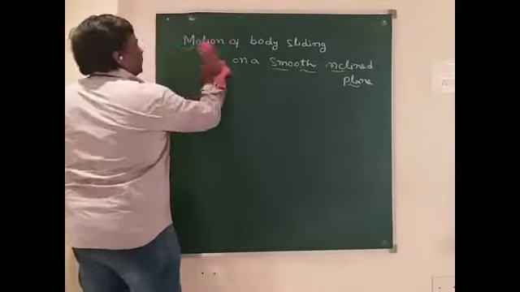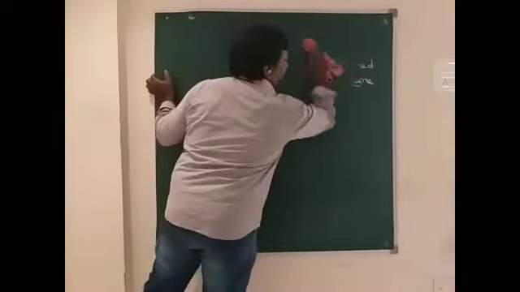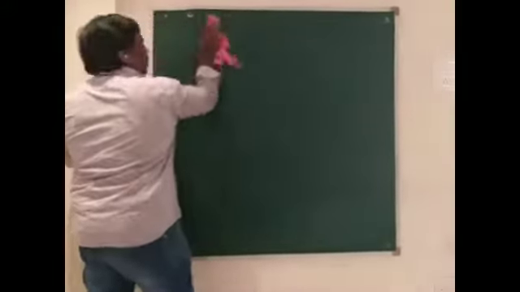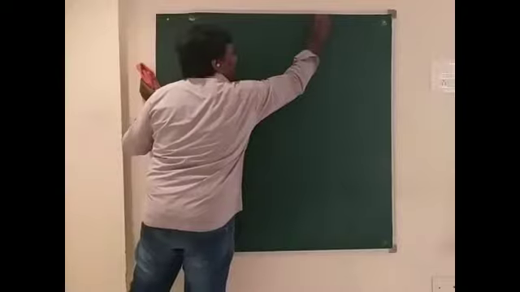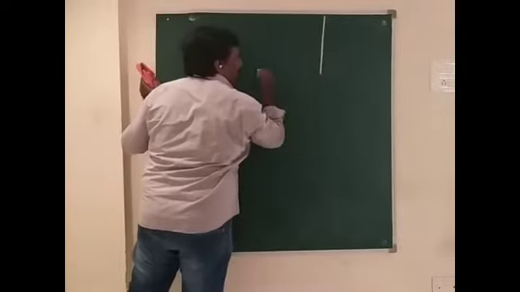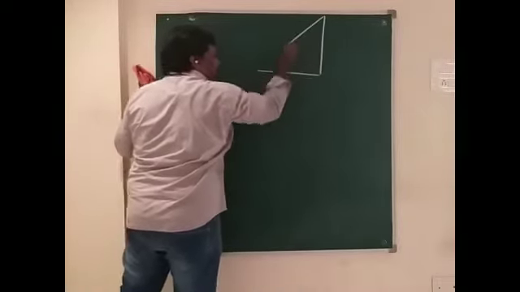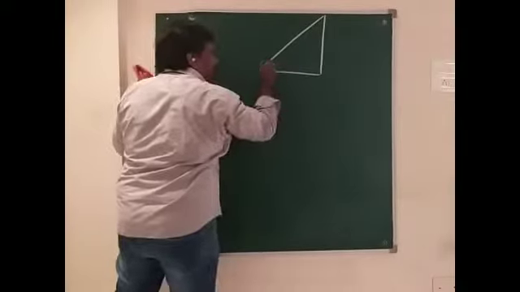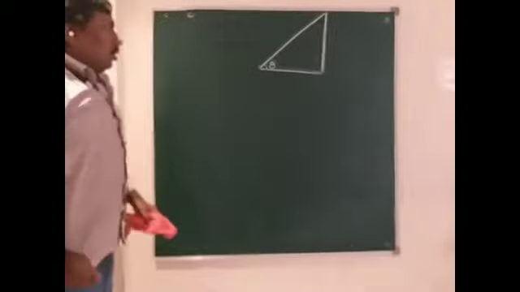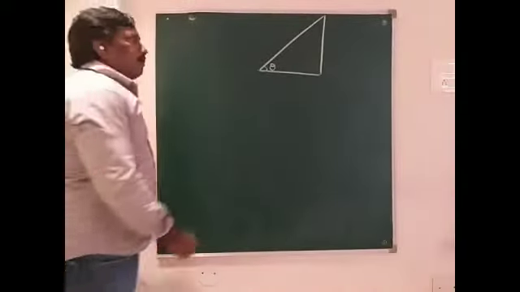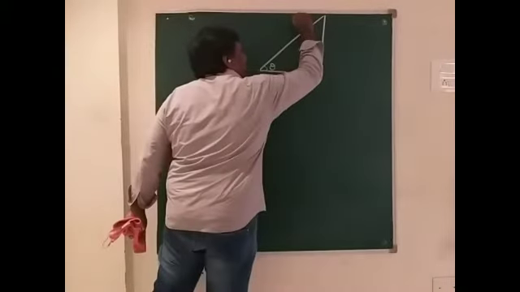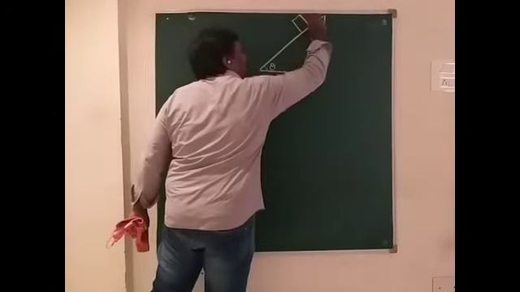So here, this is one of the inclined planes. Here the angle of inclination is theta. Now consider a body of mass m placed on the top of the inclined plane.